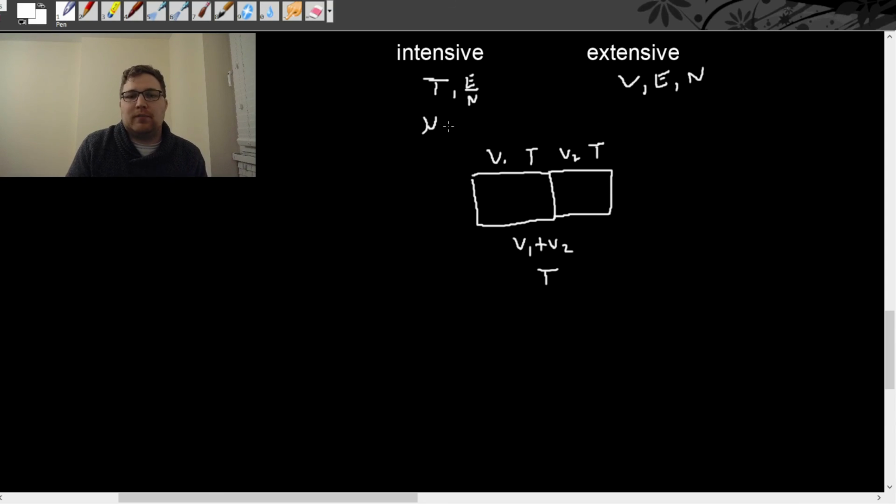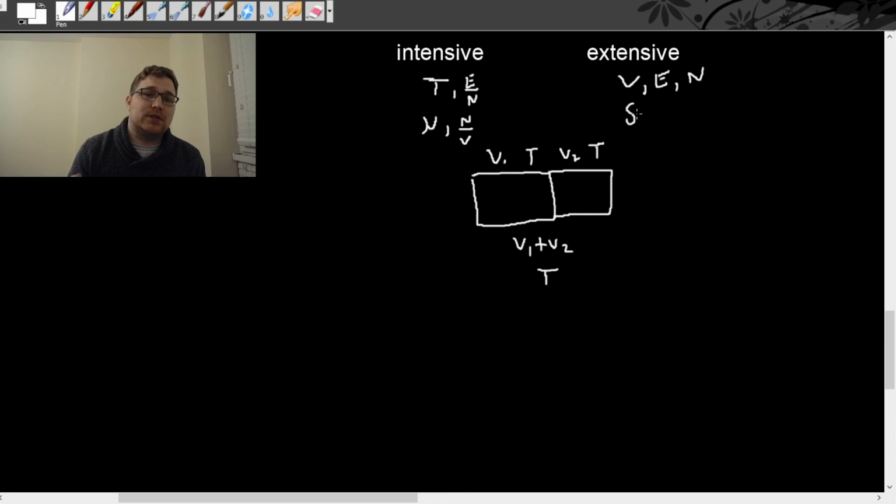You could also have the particle density, the number of particles divided by the volume. And a special quantity that we are going to talk about in detail over the next several videos is called the entropy.